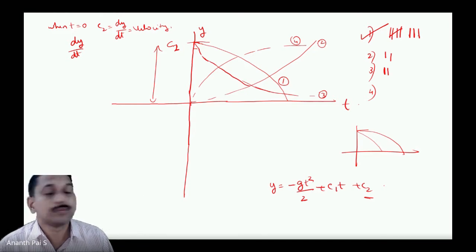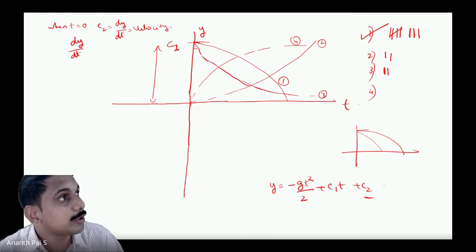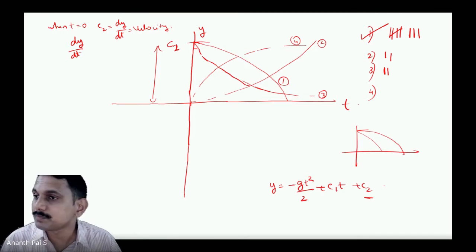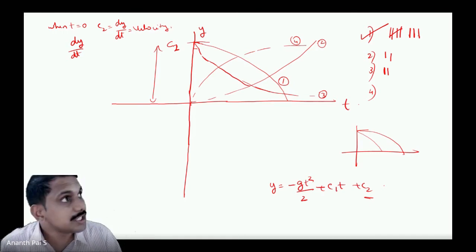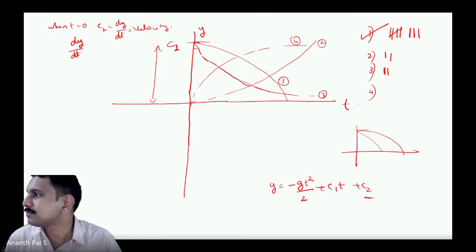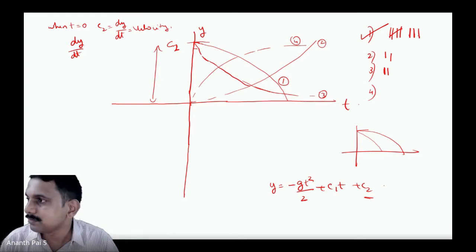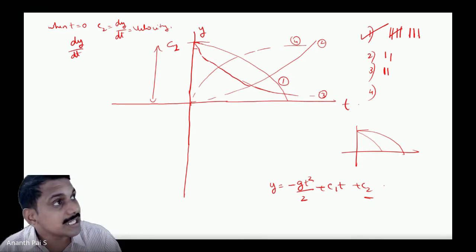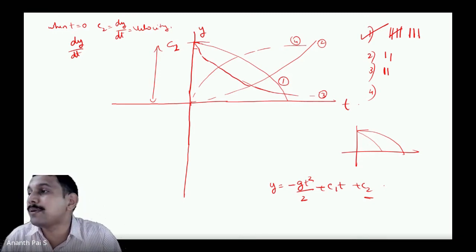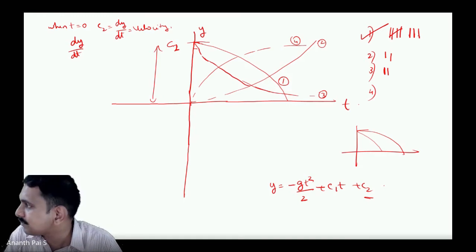No. gt square by 2 plus gt square by 2 is 2. This is 1 by x type of curves or e power minus x curves. This is C2 minus 1 by e power x.